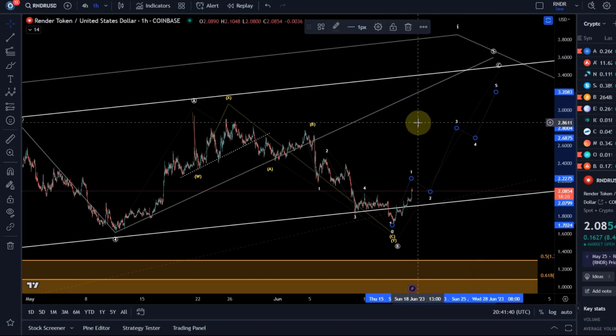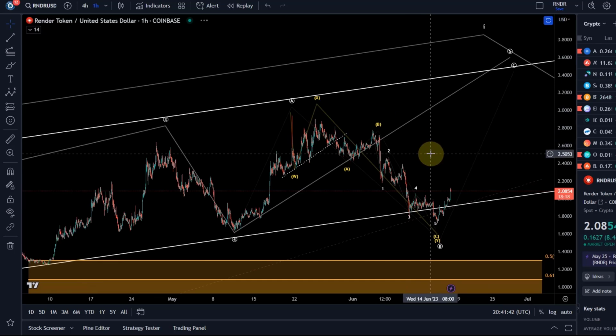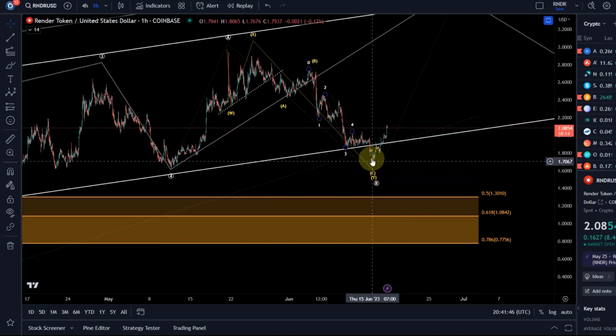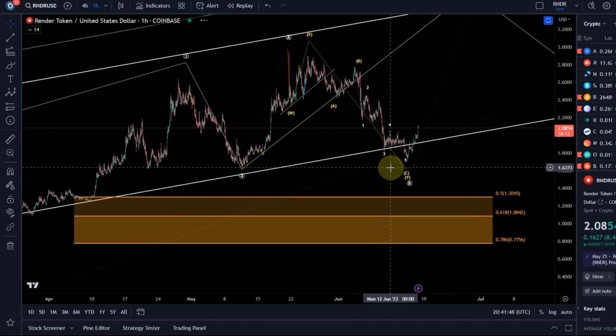There is another count, and I think that would become my primary count if price breaks below the last swing low at $1.71.